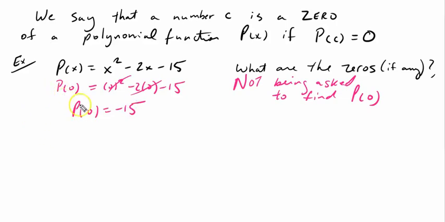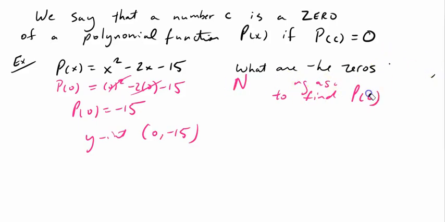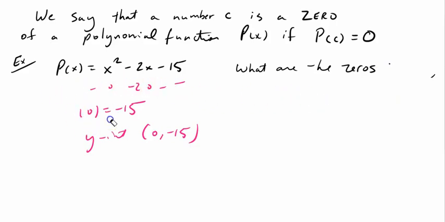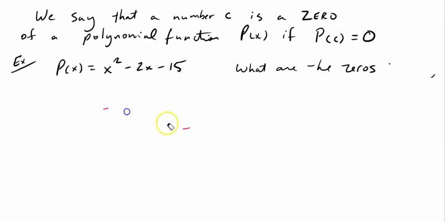That's a question like, what is the y-intercept? The y-intercept is found at the constant term, which is found by evaluating your function at 0. Okay, now all that in red is not what is being asked if you're asked what are the zeros. And students often get that confused, mixed up.